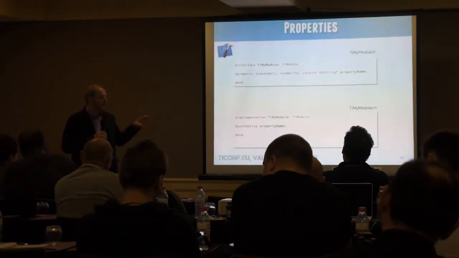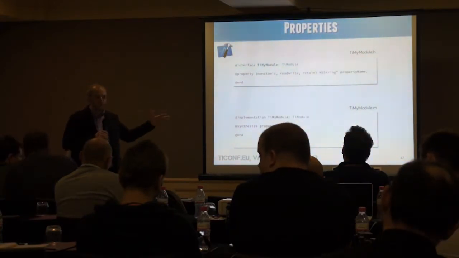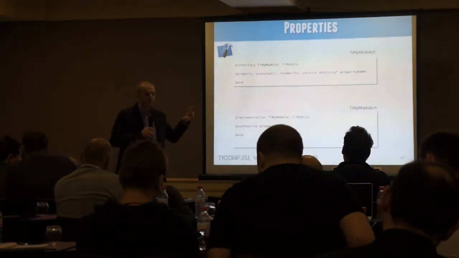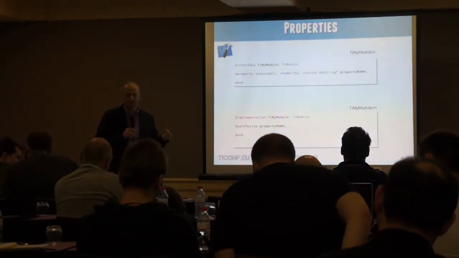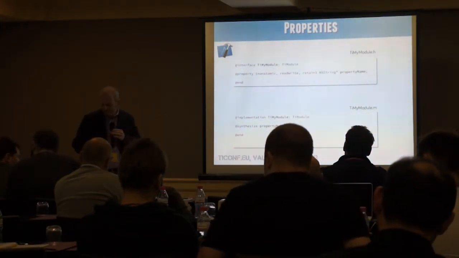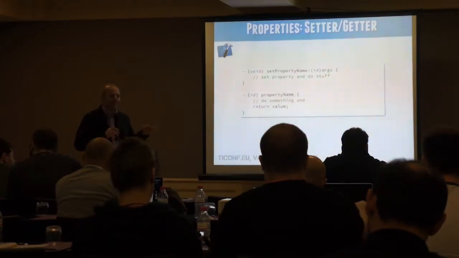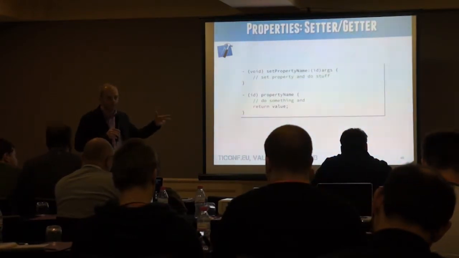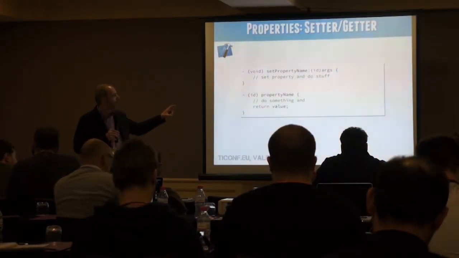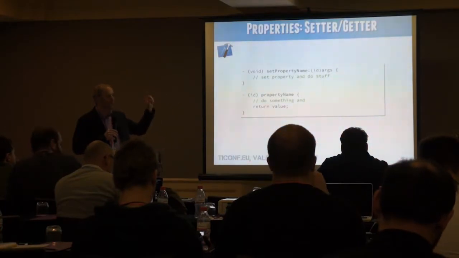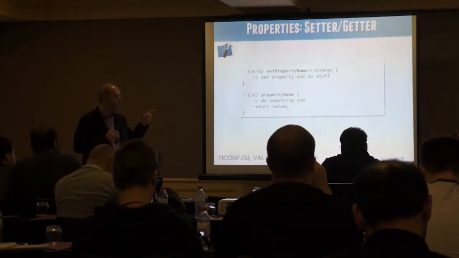And with this kind of notation, the Objective-C compiler creates a couple of methods which set and get the property. And this is the same that we can do by hand coding the two methods that set and get the property.